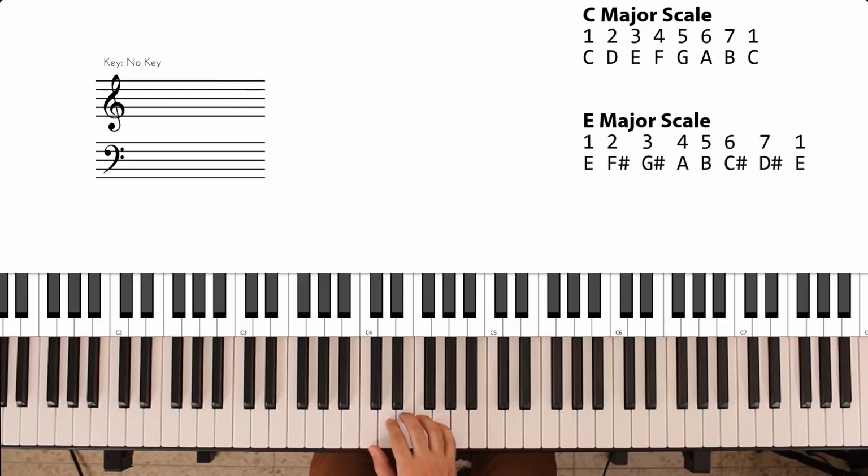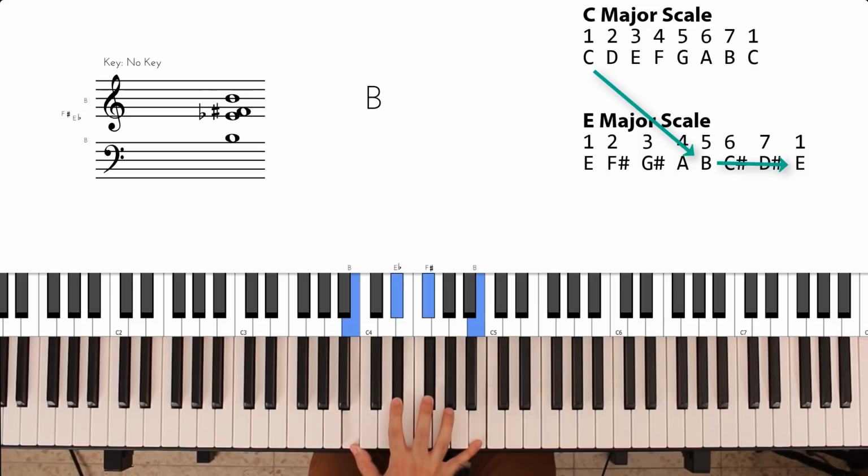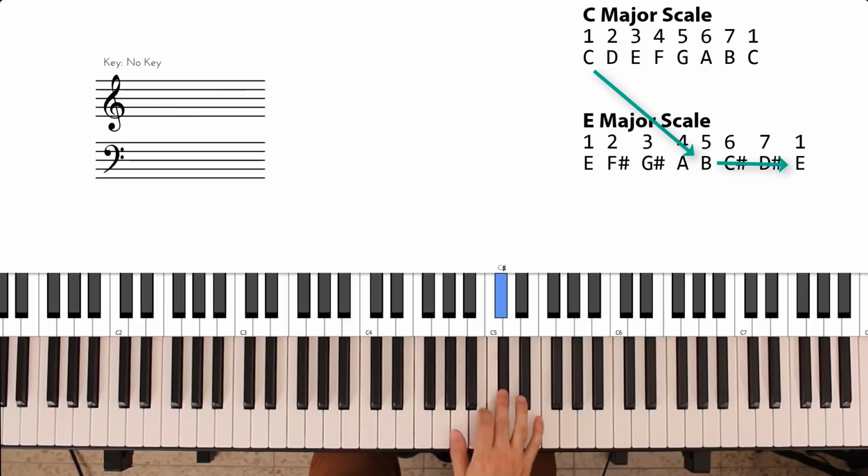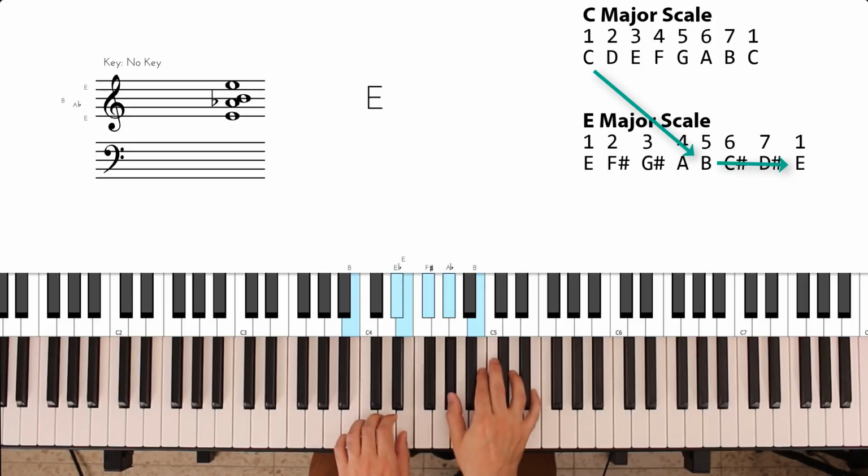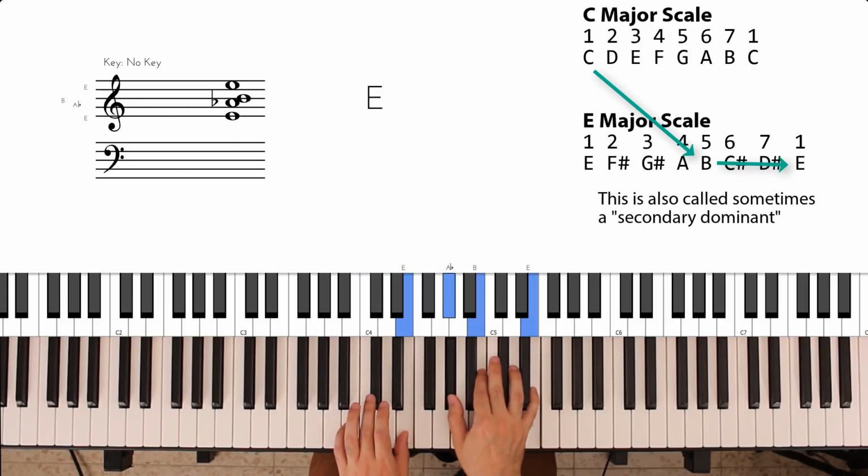So the way I do this is using a 5-1, or what's called a secondary dominant, where I would play a C major chord, say, or a C dominant 7th, or whatever, and then I'd play a B and an E. And what I'm doing here is I'm preceding the E by the 5th degree in the E major scale. So I have the E major scale, and I have this B chord going to the root, the E chord.